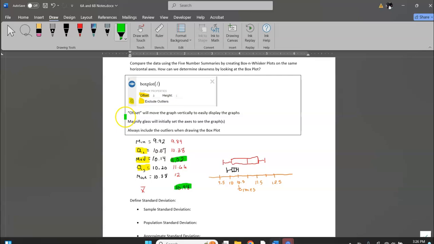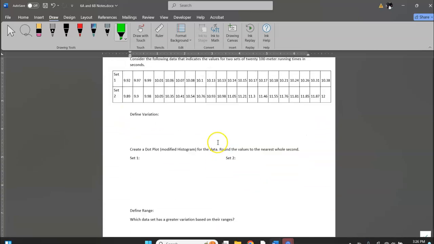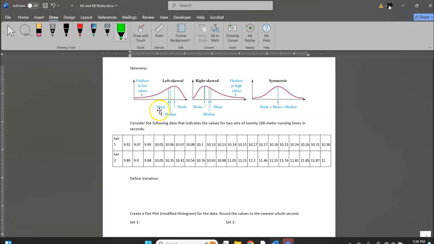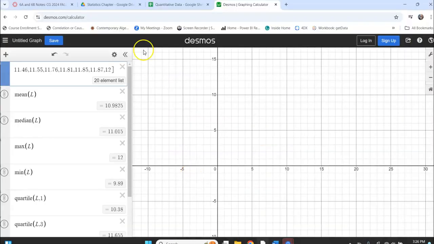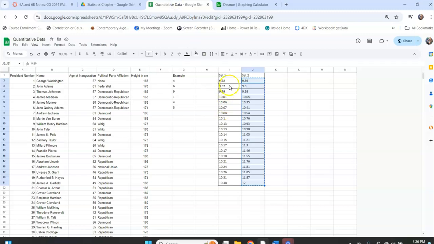So the mean is less than the median, and if we go back to our picture, when the mean is less than the median, this graph is considered to be left skewed. Now, since we didn't grab the information the first time, let's grab that information one more time.